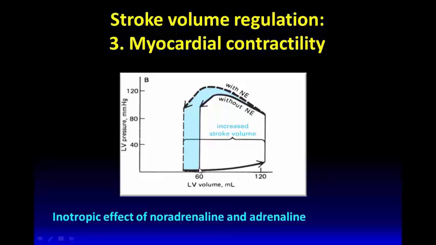So this is the end systolic volume without norepinephrine. Now the left ventricle is filled with blood till it reaches end diastole, and here we have the end diastolic volume, approximately 130 to 135 milliliters. So the end diastolic volume hasn't increased.